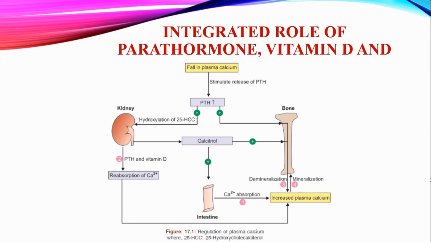At physiological concentrations, vitamin D causes mineralization of bone, that means deposition of calcium and phosphate to the bone. But at higher concentrations, it aids in the resorption of bone. Along with parathyroid hormone, it causes resorption of bone, that means it increases osteoclastic activity.